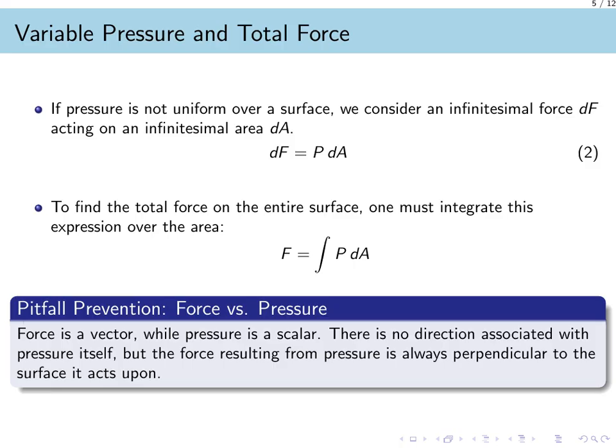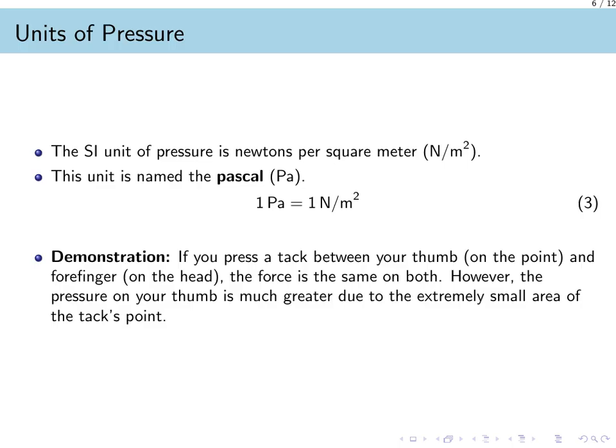In short, when pressure is not uniform, you must integrate it over the area to find the total force. Now that we have a mathematical definition for pressure, let us establish its standard units and build some physical intuition for the concept. In the SI system, the unit for pressure comes directly from its definition of force per unit area, giving us newtons per square meter.